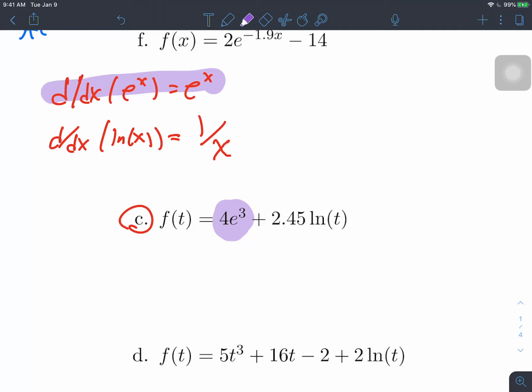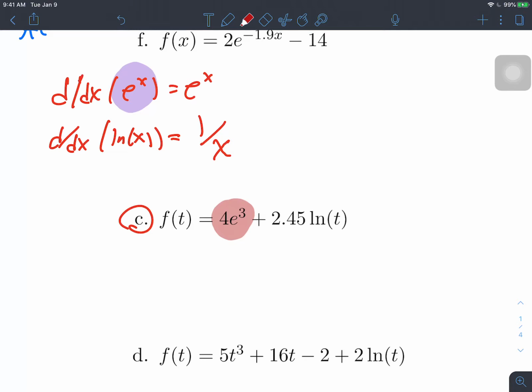What we've done so far is things like 4e to the t or to the x. The key distinction here is this thing right here in purple. That is a function. You can plug in a number and then you get out some other number based on the rule. 4e cubed is not a function.